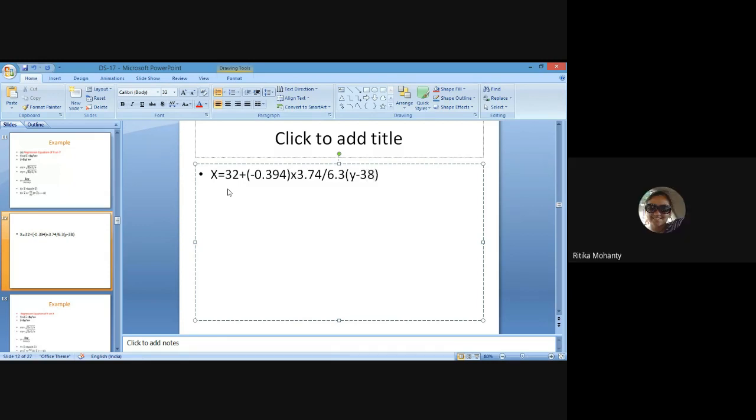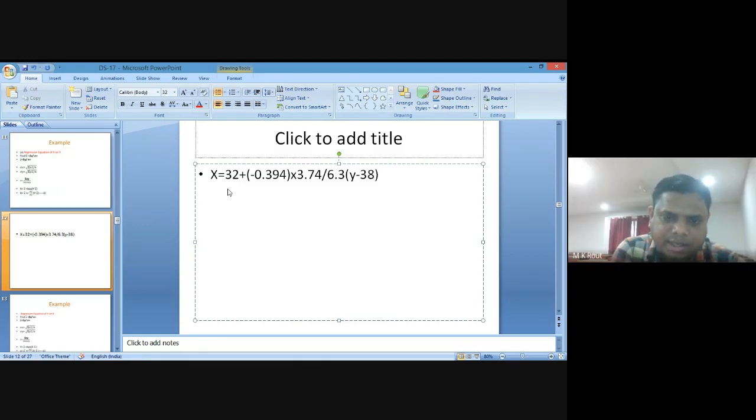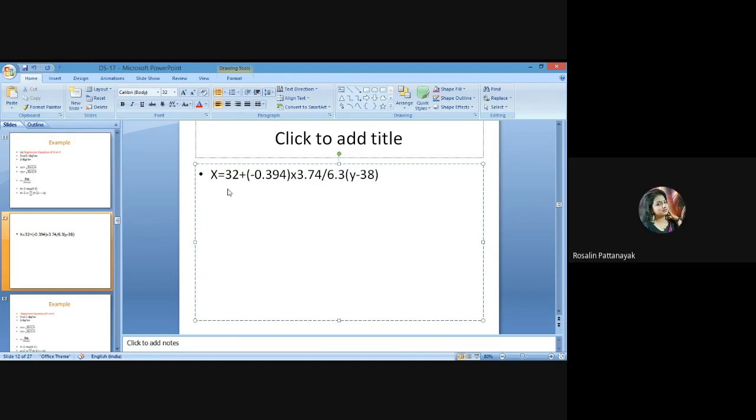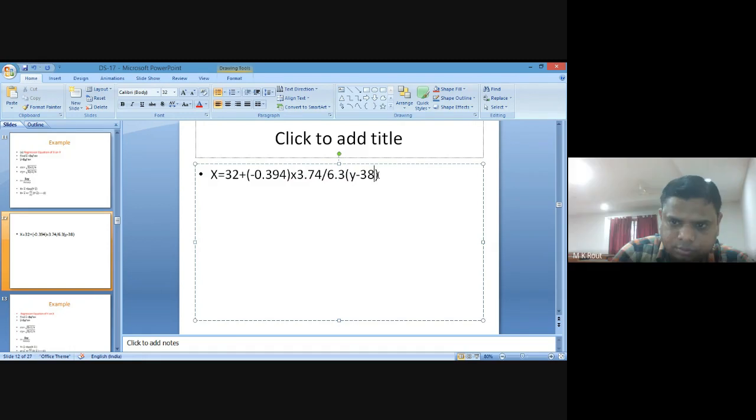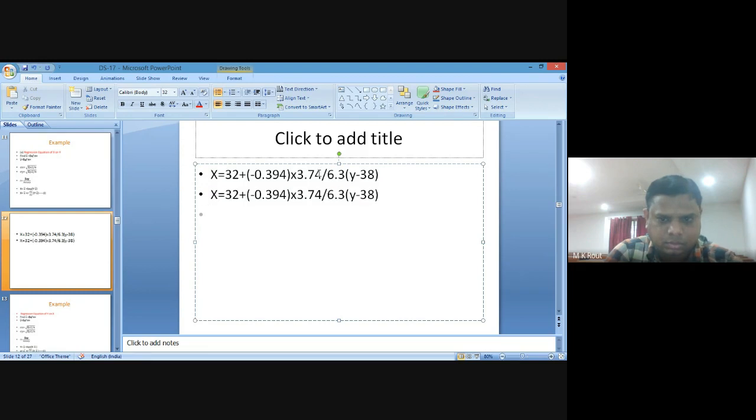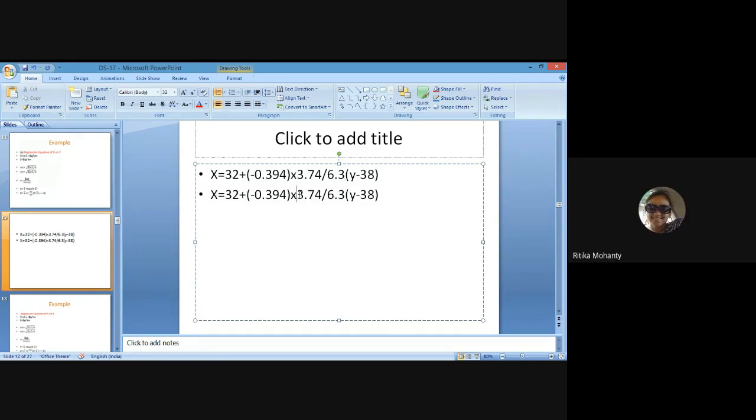Okay, first you simplify 3.74 divided by 6.3. How much? That is 0.59.